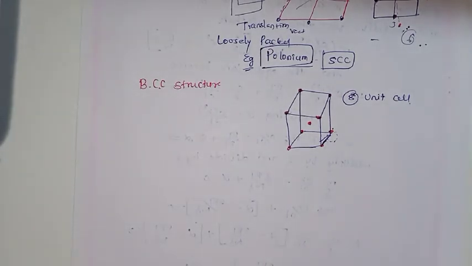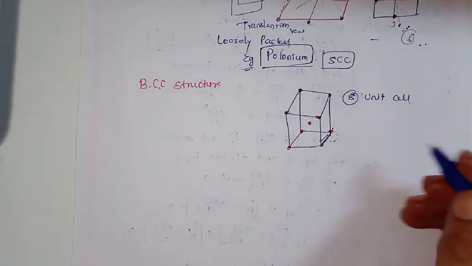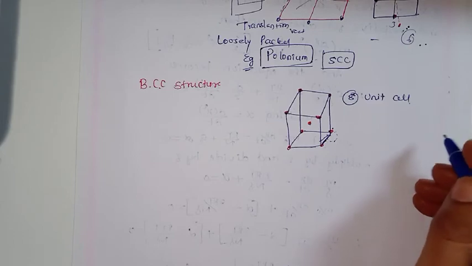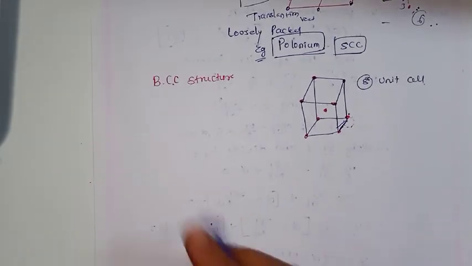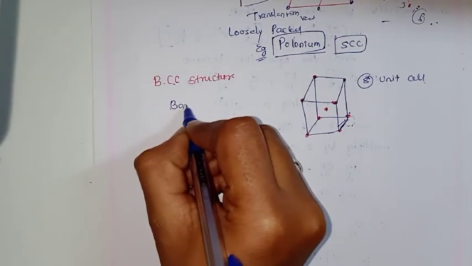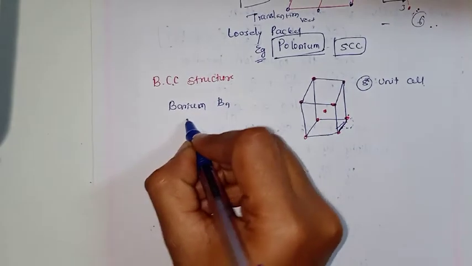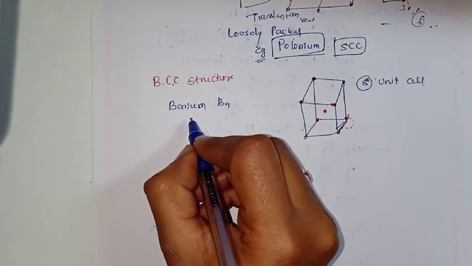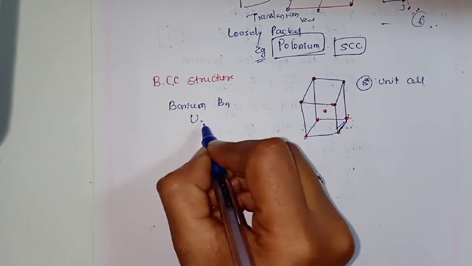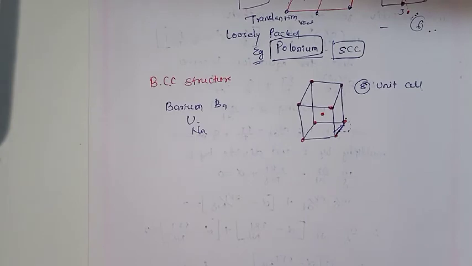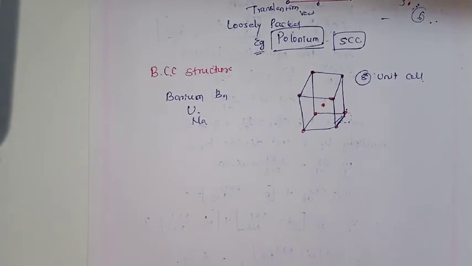The number of the nearest body centered atoms is 8. Therefore, the coordination number of the BCC structure is 8. For example, barium, sodium, uranium. These are the simple examples for the body centered structure.